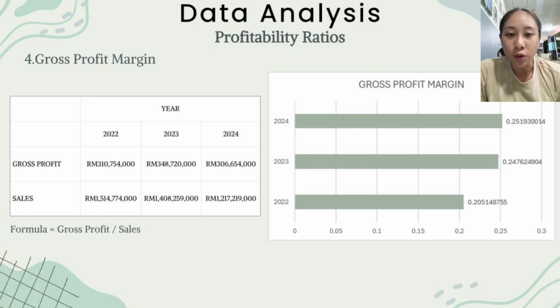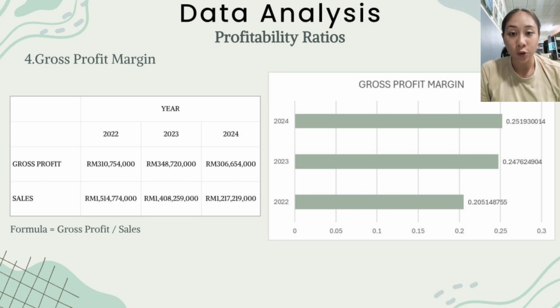The same goes for the gross profit margin. It is also the same as net profit margin, in which the higher ratio is the better. The formula to compute this ratio is the gross profit divided by the sales. The ratio in the year 2022 is quite low.